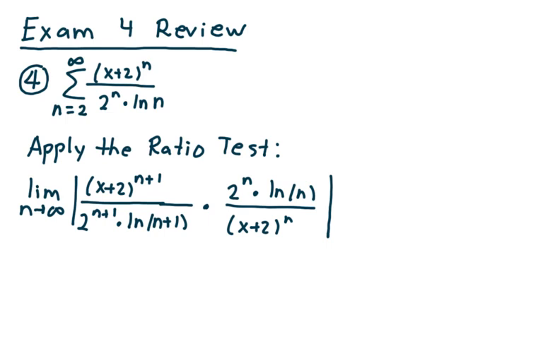So we get the limit as n goes to infinity of the absolute value of (x + 2)^(n+1) divided by 2^(n+1) natural log of (n + 1), times 2^n natural log of n divided by (x + 2)^n.